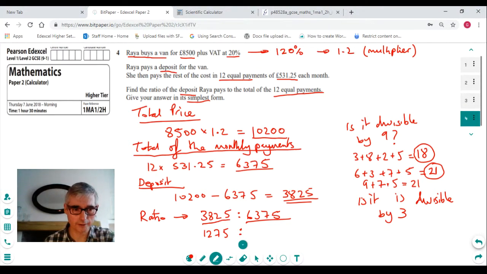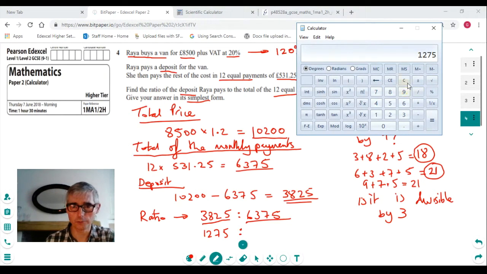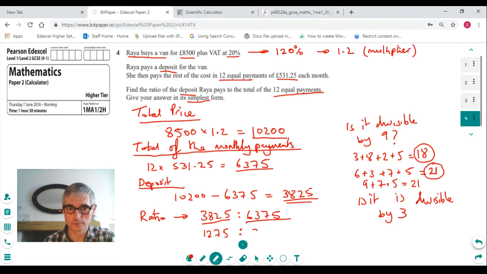Okay, and then we're going to do the other one. We've got 6375. I'm going to divide that by 3 again. 6375 divided by 3, and that's equal to 2125.